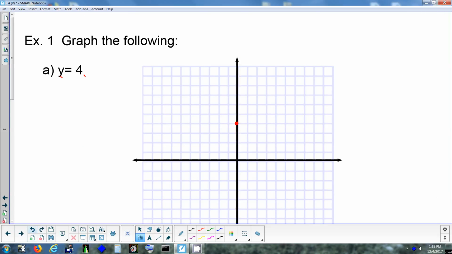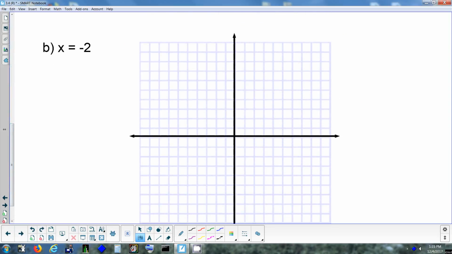So draw it so you can see it. So y equals 4: put a 4 on the y-axis and then draw the line opposite the axis. Or just memorize y equals is horizontal. However you want to remember it, either way. Okay, so that's y equals 4.